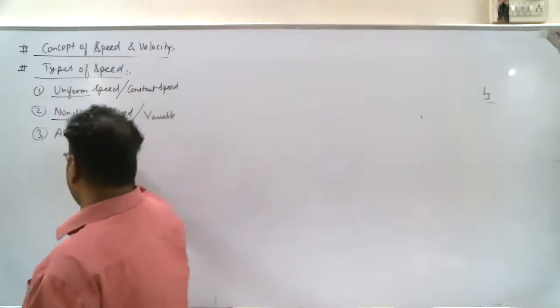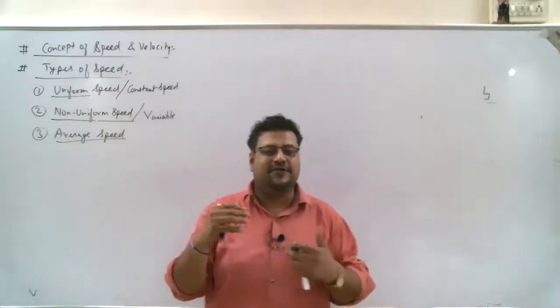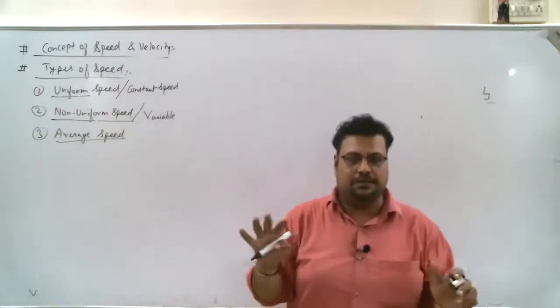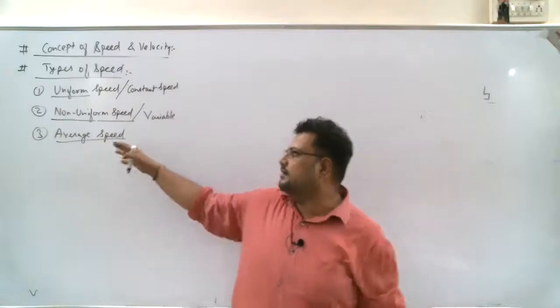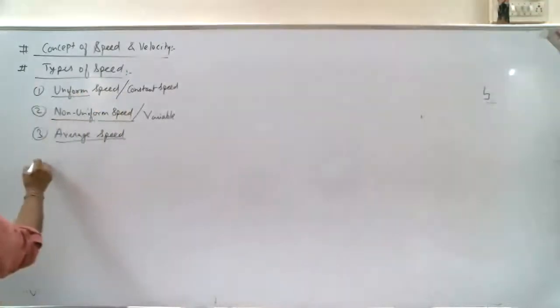Average speed we'll talk about further. Average means all the different parts' speeds summed up. I'll make it clear later on. First, let us discuss uniform speed and constant speed.